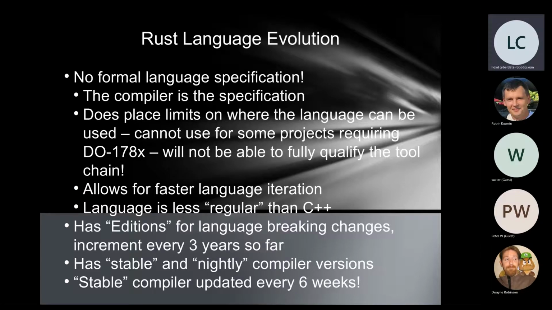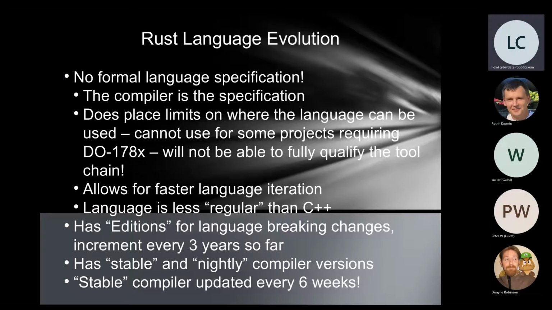However, they only do so every 3 years. And when you build your code, you can say which edition you want. The current edition is 2021. The prior edition was 2018. You can actually specify that in your build manifest. So there's a way to get around it.